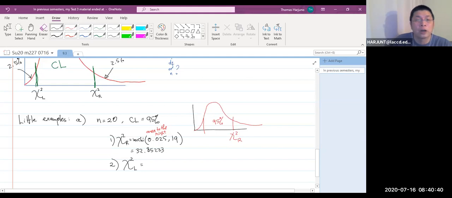Now chi-squared left is the critical number such that the area to the right, again, is 95% plus that one tail. That's inverse chi of 0.975.